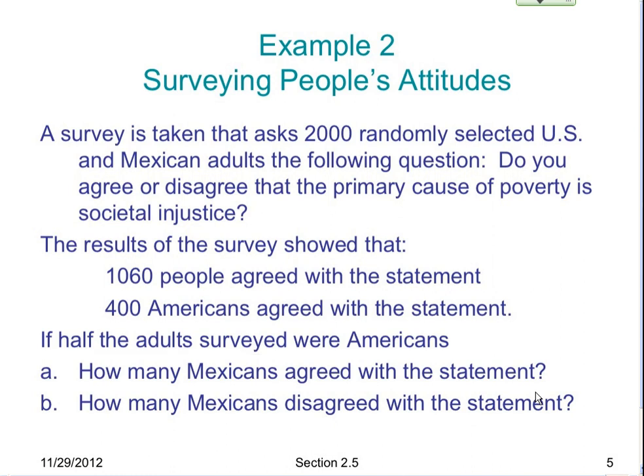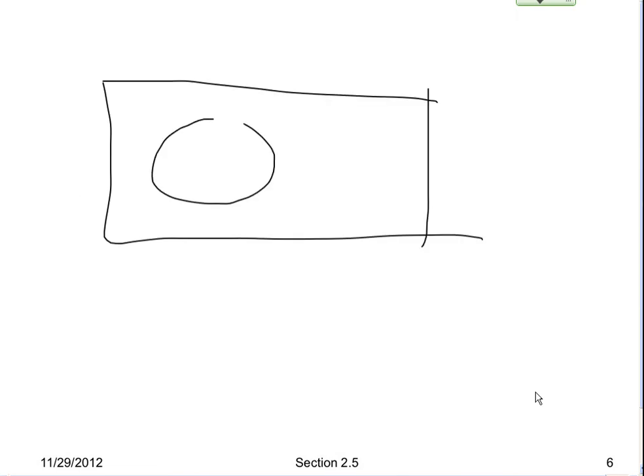So what we need to do is draw a Venn diagram. My first thought was to draw a Venn diagram and have a set for the U.S. and have a set for the Mexican adults. Well, the problem with that is we need a Venn diagram where the circles overlap.